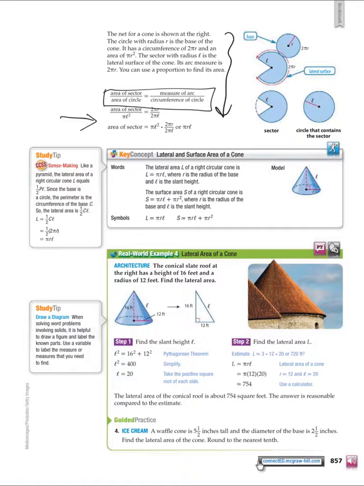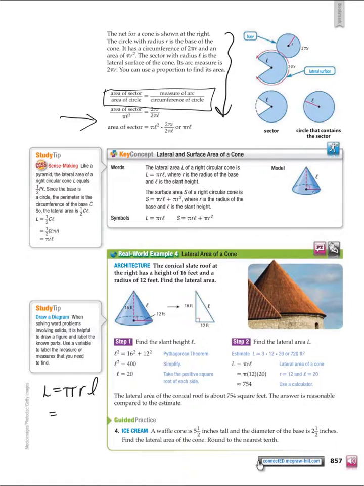Let's look at the example they have here. When I look at this cone, they ask us to find the lateral area. So my lateral area for the cone that they've given me here, again, write your formula, pi r L. I'm going to leave that as pi so that I'm not rounding off.